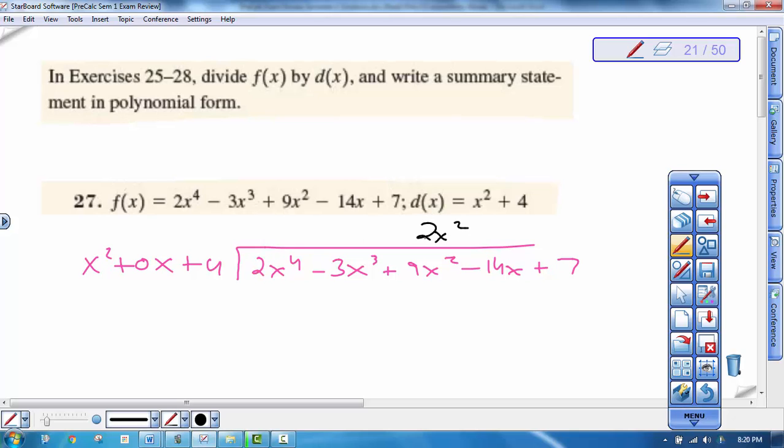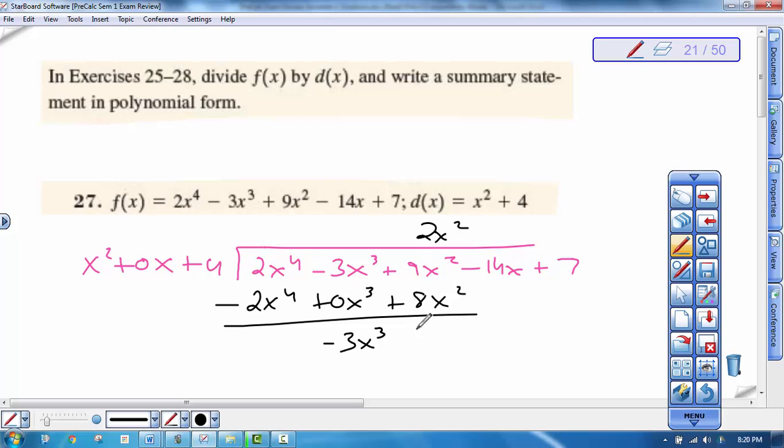That'd be 2x squared. When you multiply, you get 2x to the 4th. And when you follow through, you get 0x cubed and 8x squared, so we can subtract everything. So you get -3x cubed, and 9 minus 8 gives you 1x squared.